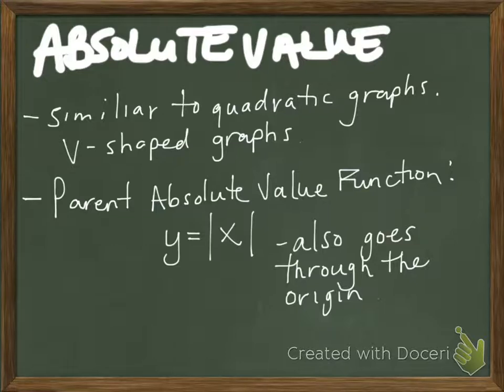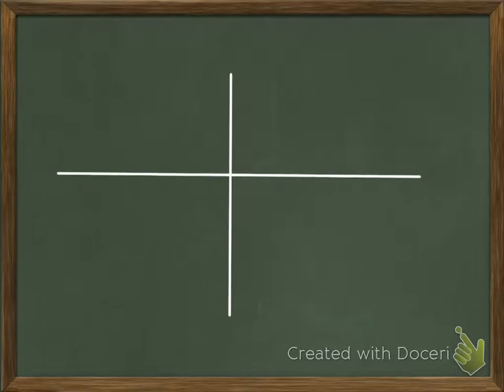Let's go ahead and look at some examples of this. Again, our Cartesian plane. Now when we look at an absolute value function, we are looking at the parent function looking something like this.